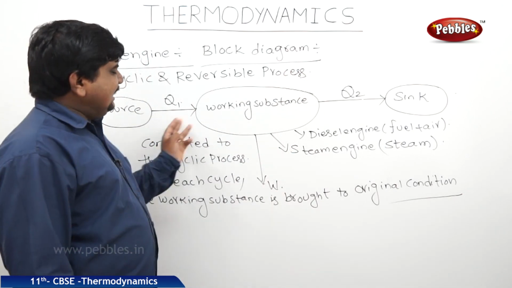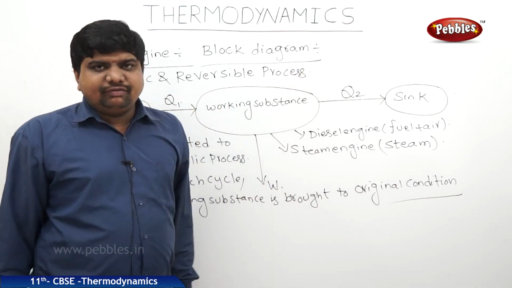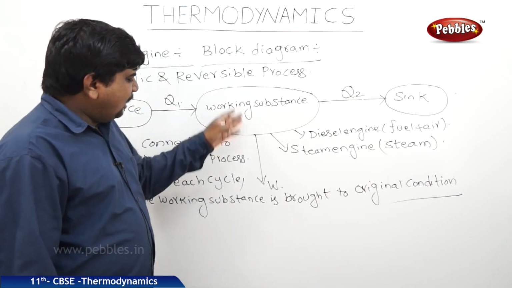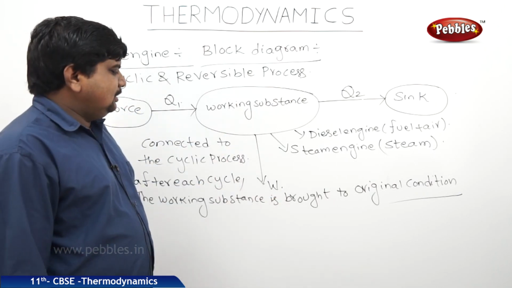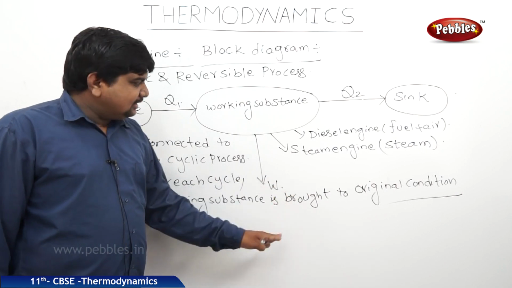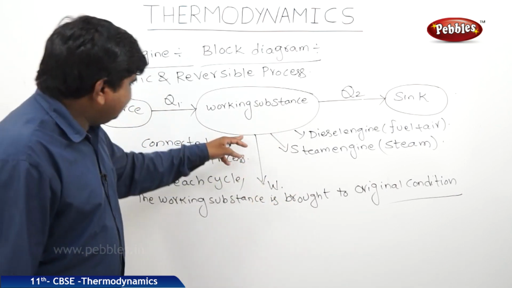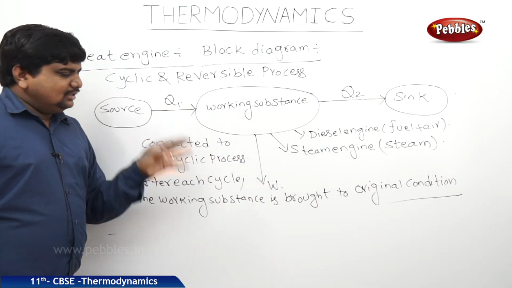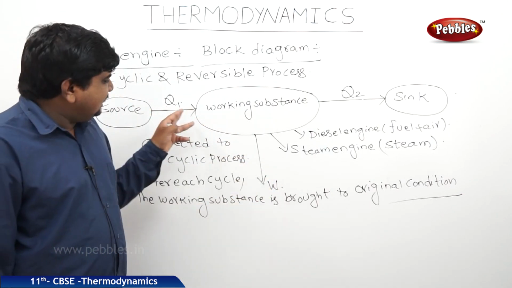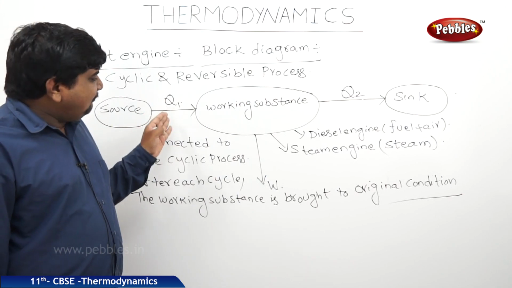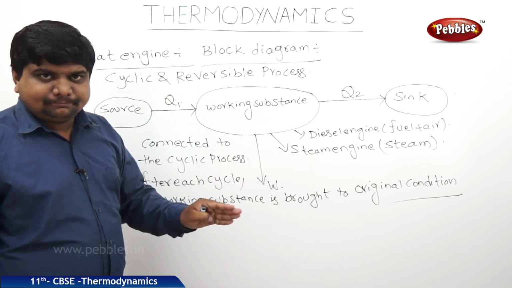The heat energy difference is Q1 minus Q2. Work done is W. It is doing some work on the basis of the heat energy supplied. The ratio between the work done and the heat energy supplied is called the efficiency of the heat engine.